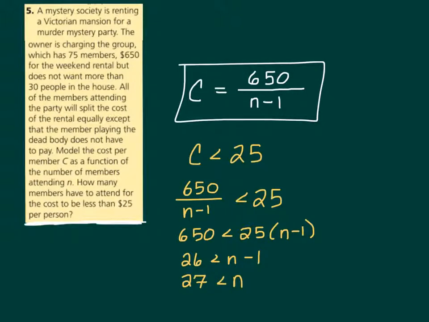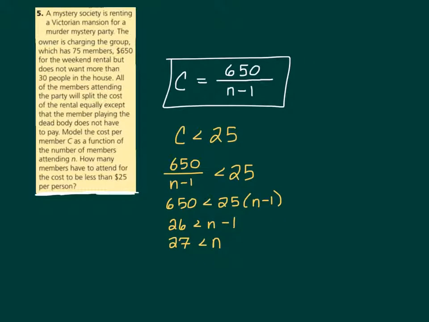So how many people must attend? We must have 28 less than or equal to n less than or equal to 30. Now I went from 27 to 28 because this says I have to be greater than 27, so I just said greater than or equal to 28.